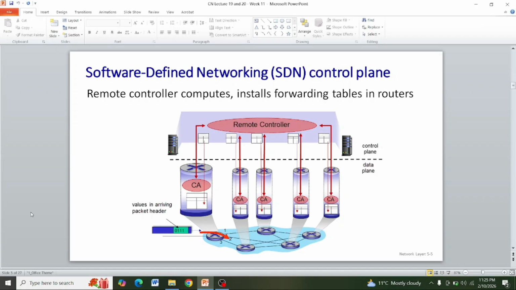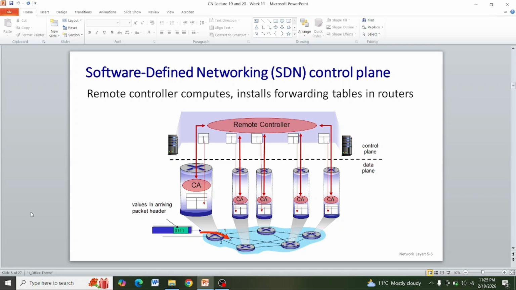However, in case of software-defined networking, the routing table is being managed, organized, updated and shared with all routers through a remote controller, that is a centralized remote controller.